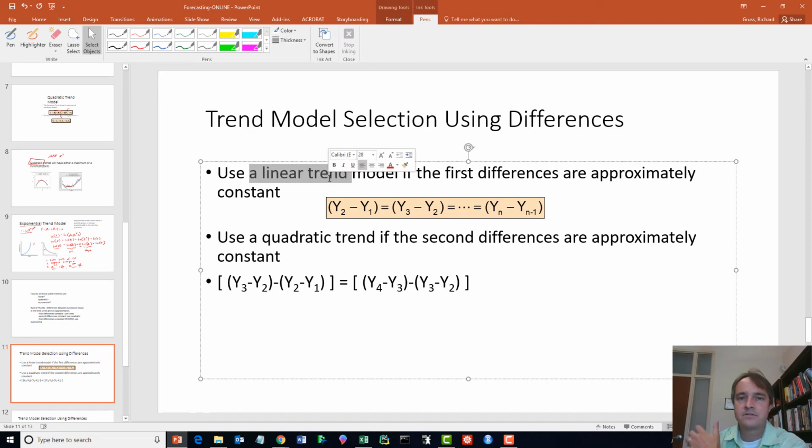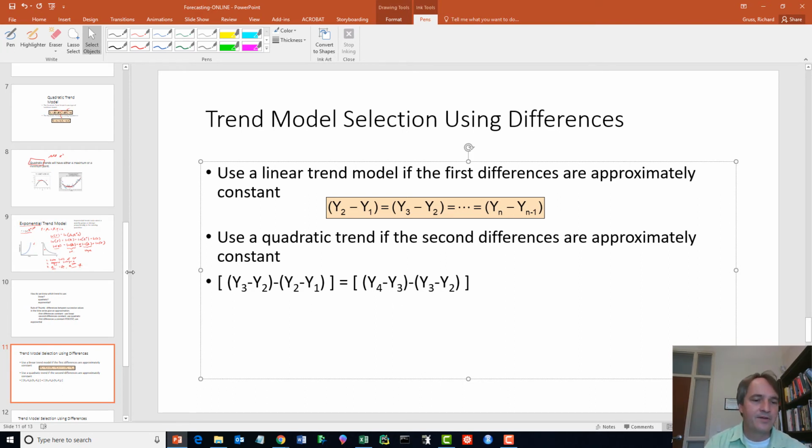So that's a constant slope, right? Okay. And you use a quadratic trend if the second differences are constant. So what that means is the difference from 2 to 3 minus the difference from 1 to 2 is equal to the difference from 3 to 4 minus the difference from 2 to 3.